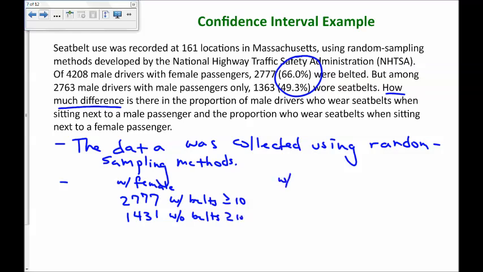And then with male passengers, there were 1,363 with belts, which is more than 10. And there were 1,400 without belts, which is more than 10. So I will now say the conditions are satisfied, and so I will perform a 2-proportion z interval.